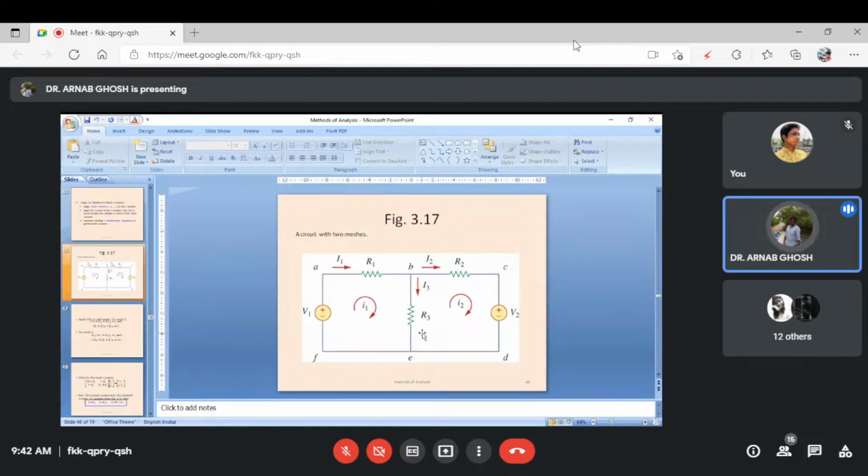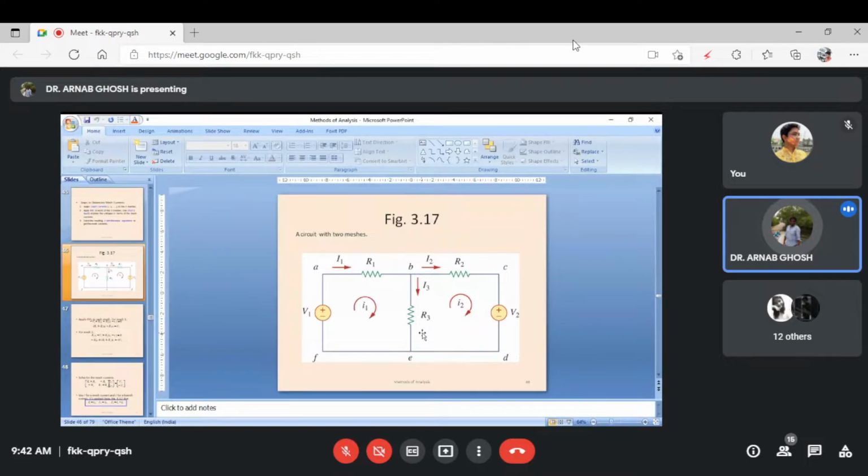So if the current is flowing in the clockwise direction, the current in the voltage source V1 will be flowing from F to A, that is from the negative terminal to the positive terminal.